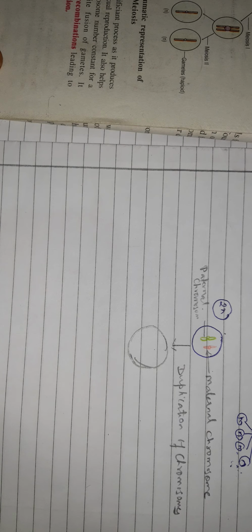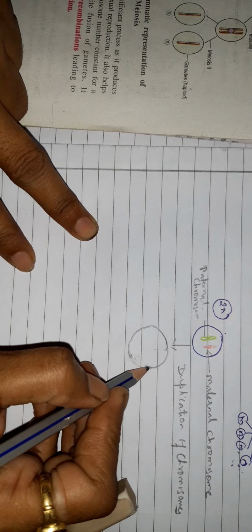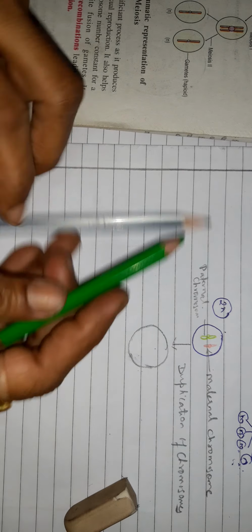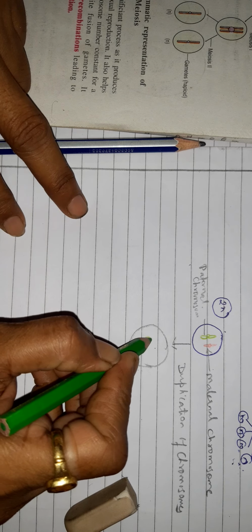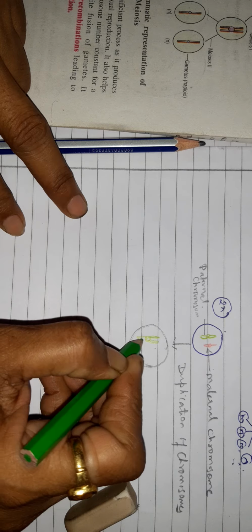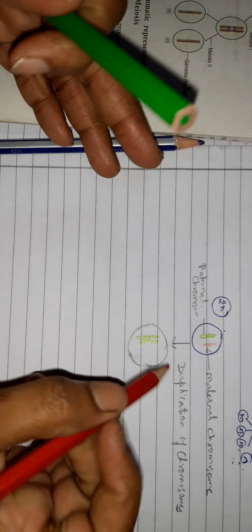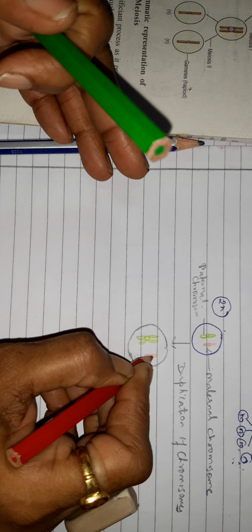So here they duplicate. This single chromosome becomes double. Here also the same thing.